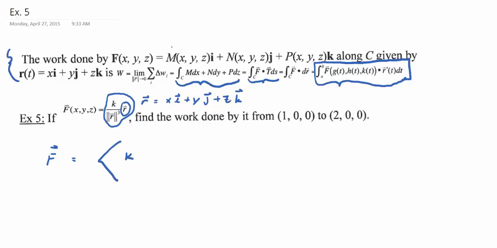If we look at this component by component, the first component is going to be x divided by the magnitude of r cubed. But isn't the magnitude of r cubed just the square root?